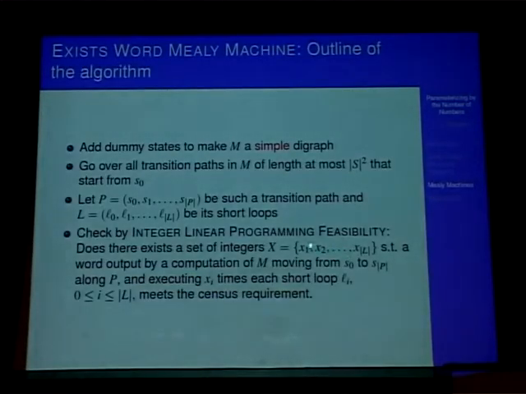So the variables of our integer linear program are these x_i's, and the constraints are: a word output by a computation of this machine, moving from the starting state to the last state on the path, executing x_i times each short loop, meets the census requirement.